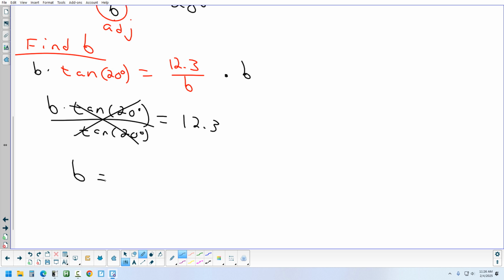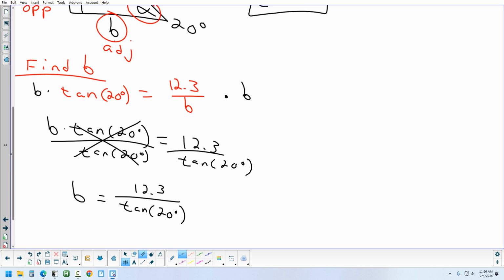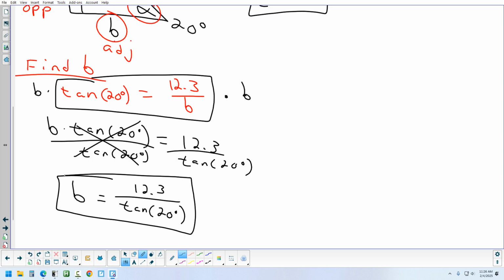Now you have B equals, and do the same thing there. 12.3 over tangent of 20. So if you look at that, look at what you started with, and look at what you ended with. Does anybody see a shortcut to go right from that box to that box without this step in the middle?